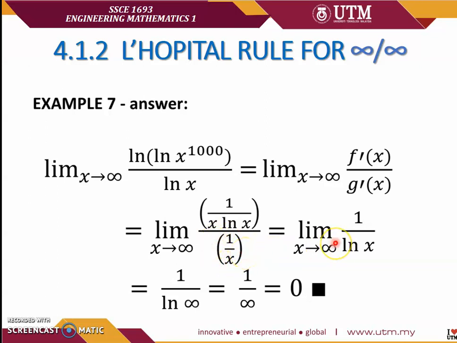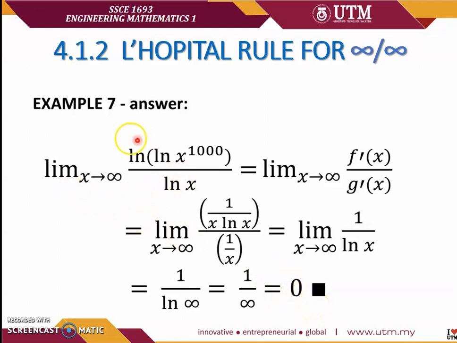After we simplify, we will obtain 1 over ln x. Why? Because this fraction we multiply at the top here and we can cancel out x and x. So that's why we have 1 over ln x. Then we substitute the limit. We will obtain 1 over ln infinity, which is equivalent to 1 over infinity, which is equivalent to 0.